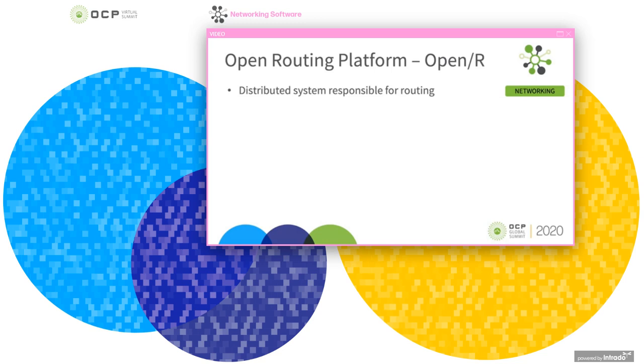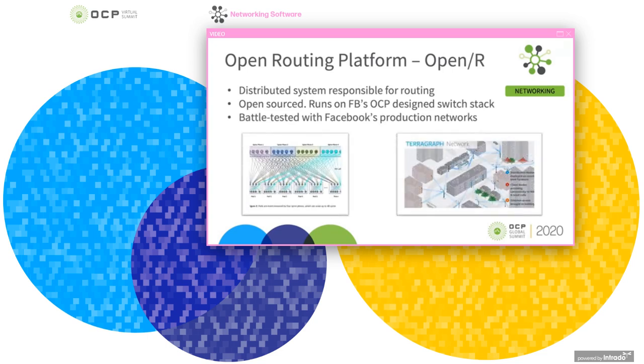It's a distributed system that's responsible for routing in closed networks. It is open sourced and runs on the Facebook OCP designed switch stack, FBOSS. It's battle tested with the Facebook production network. As of now, it runs in the wide area network, data center networks and wireless mesh networks.